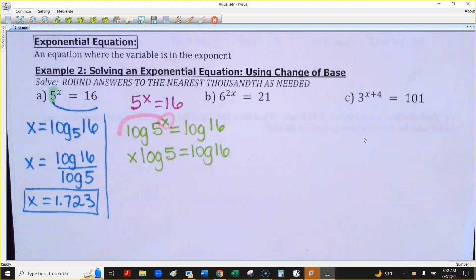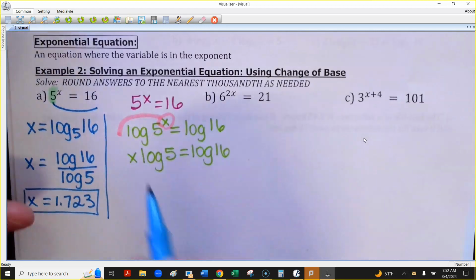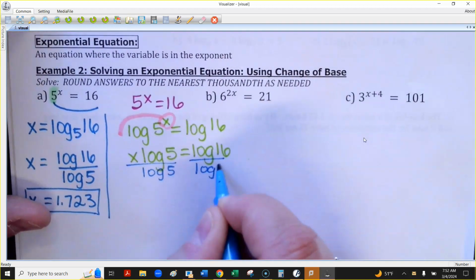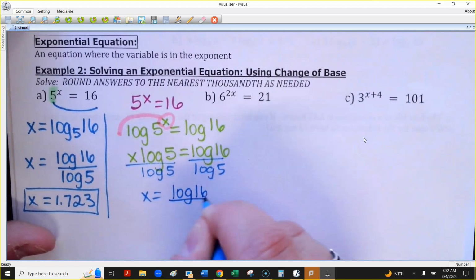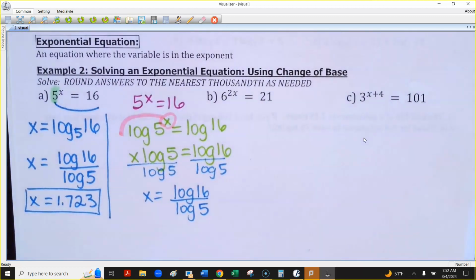Now, I know this is weird, but the log of 5 is just a number. So I have my variable times that. So to get rid of it, what we would do is divide both sides by log 5. And you'll see that results in exactly the same thing I ended up doing on the other method.